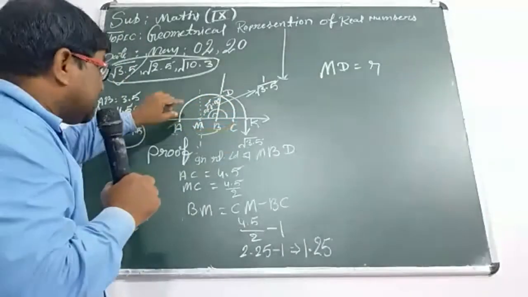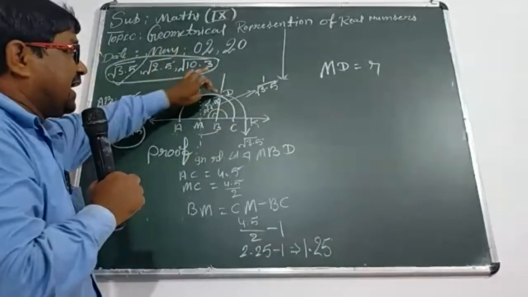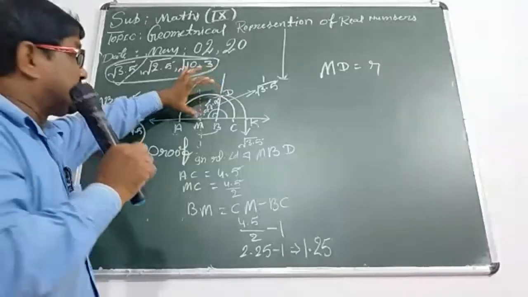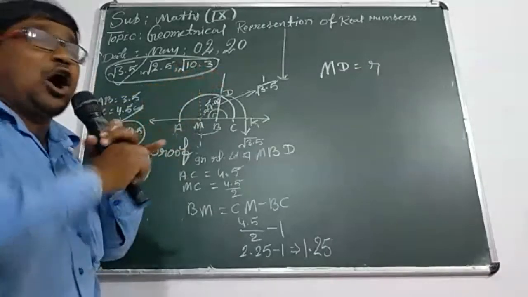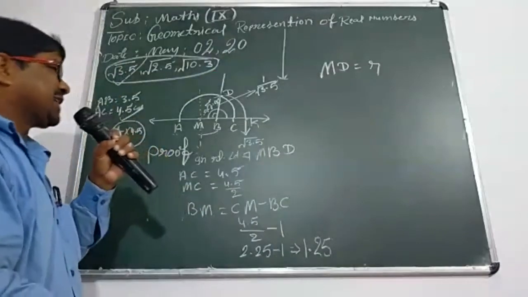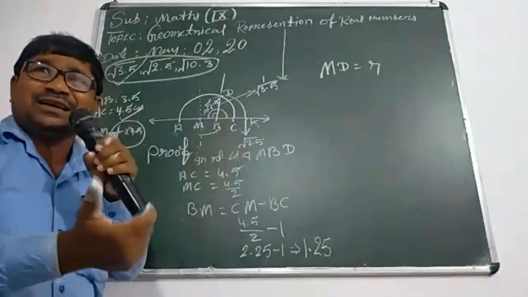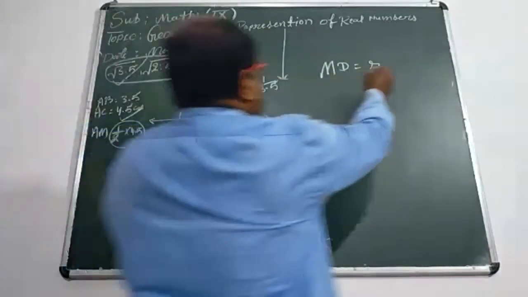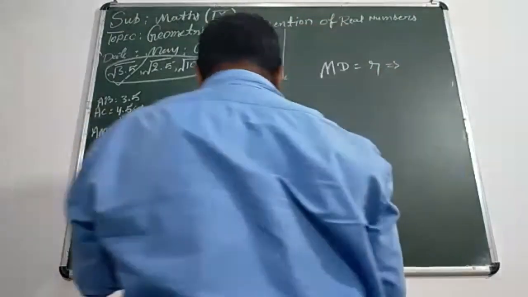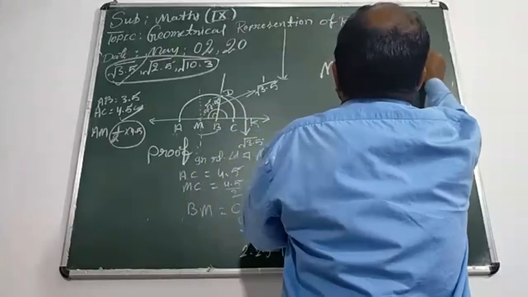MD is the distance between center and circumference, so this will be the radius. All radii in the same semicircle are equal. It means MD equals MC, which equals 4.5 upon 2.